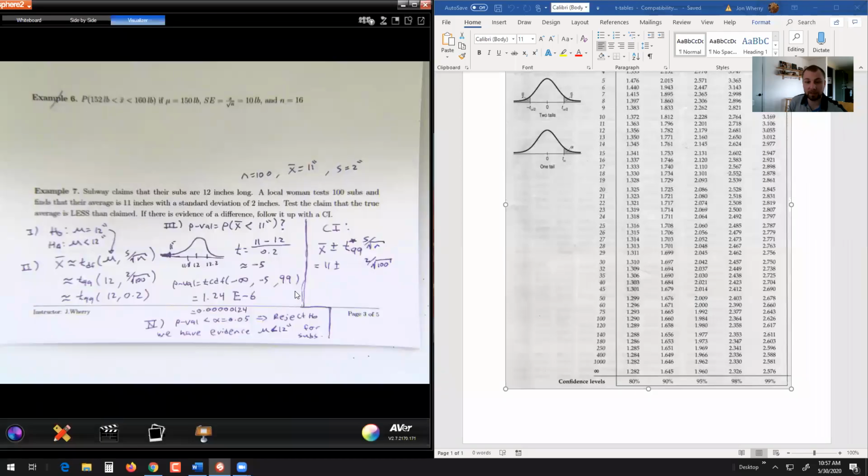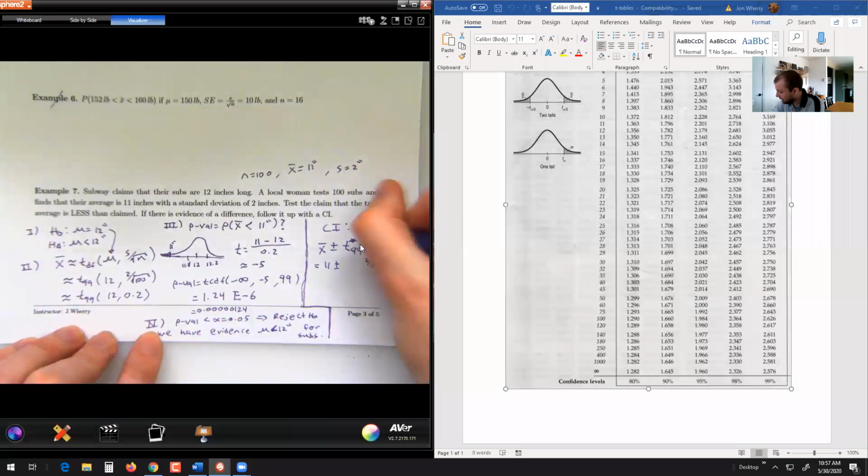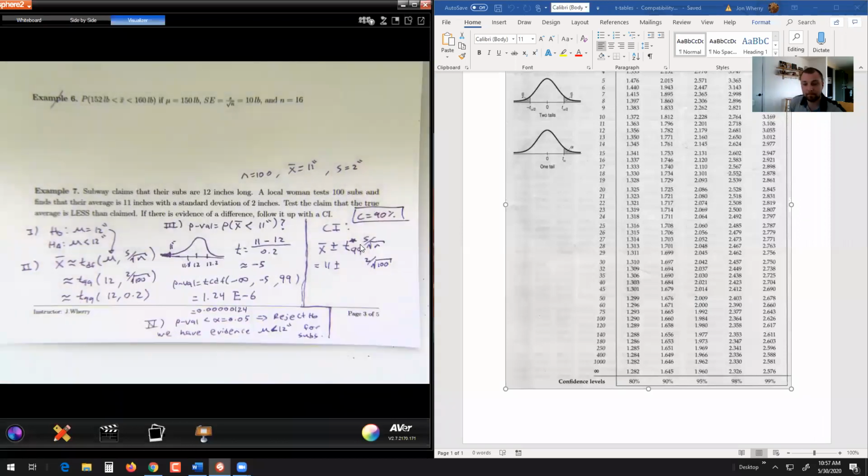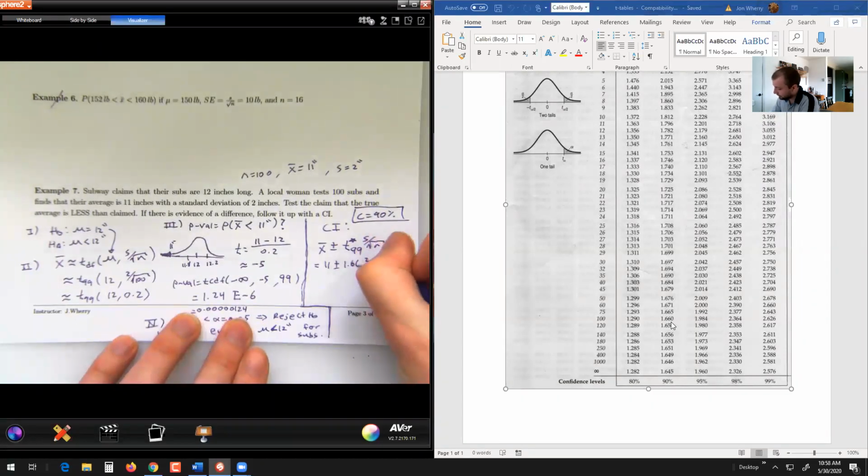But I'm going to go to my T-table here, and let's create a 90% confidence interval as a follow-up. So 90%, this is really close to 99. I'm going to use a t-score of 1.66 or so.